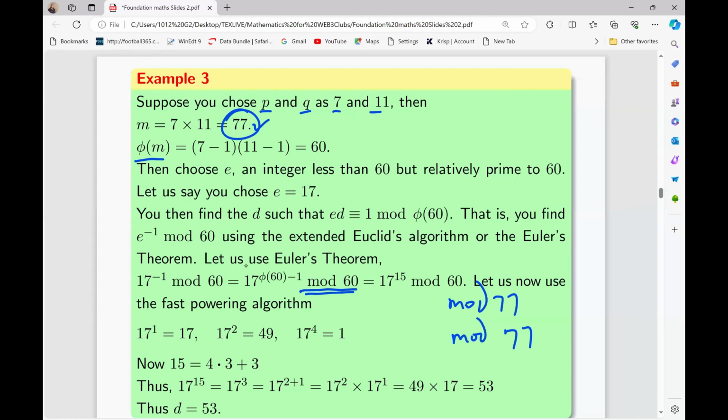But when you are getting D, the mod is phi of M. Not phi of 60, because phi of M is what gave us 60.